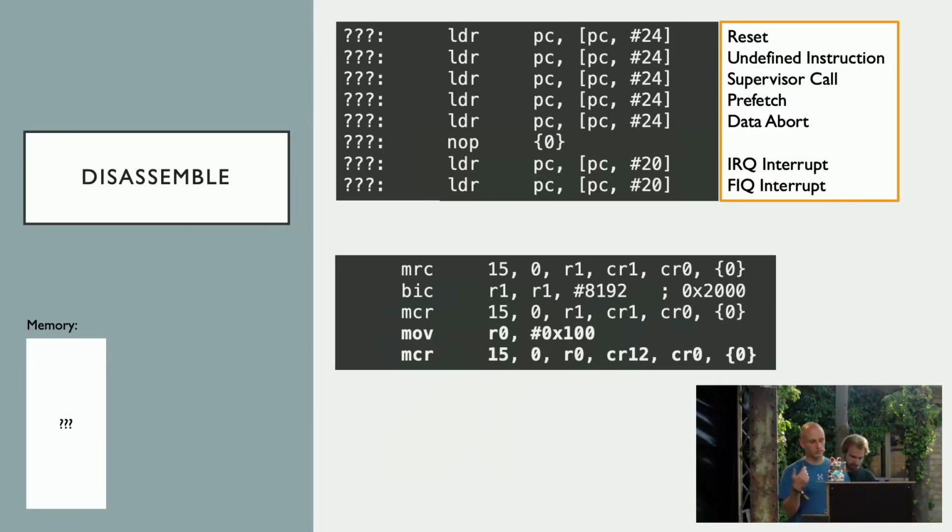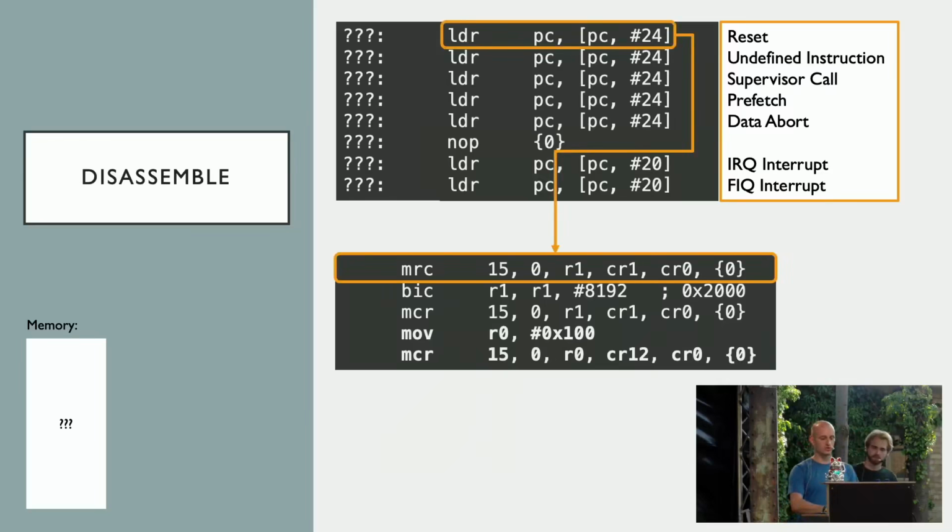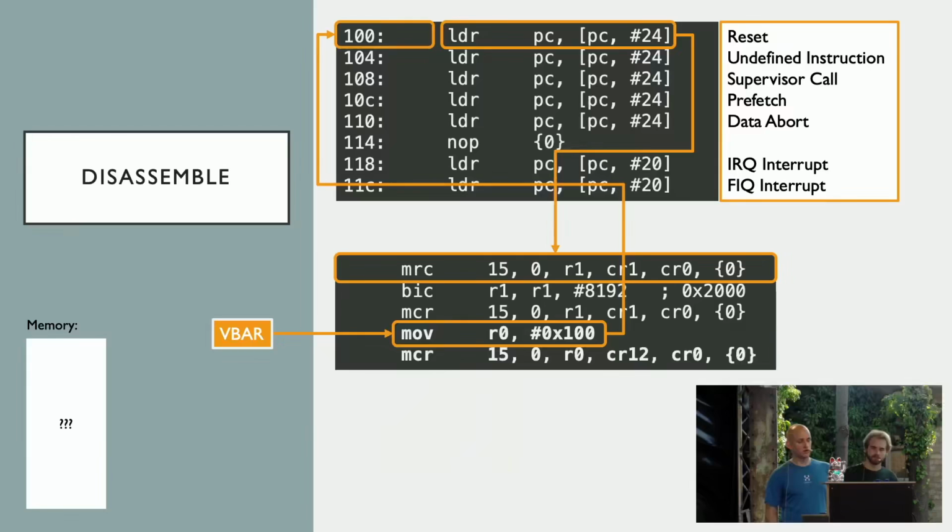Okay, so we look at the reset vector. The reset vector should initialize the system, and what we see there is a configuration of a register called VBAR. The VBAR register on ARM architectures defines the location of this table in memory, and it's an absolute address.